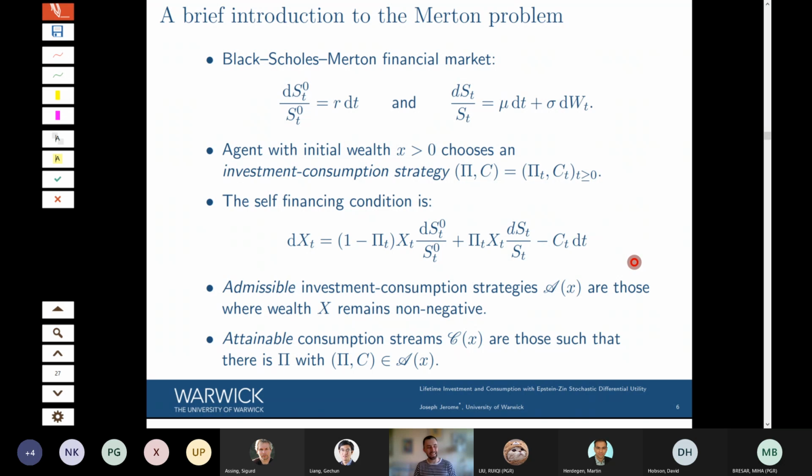And then we're going to define the attainable consumption streams to be those consumption streams such that we can find an investment process, and the pair (pi, c) is admissible. So attainable consumption streams are what we're going to want to maximize over.